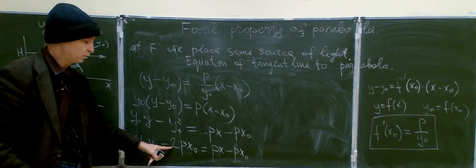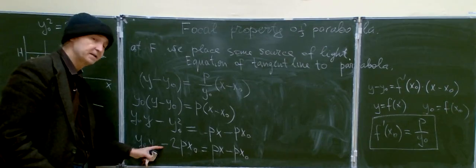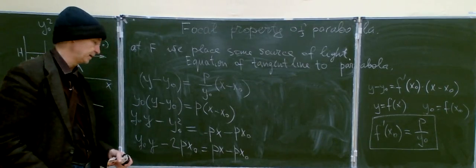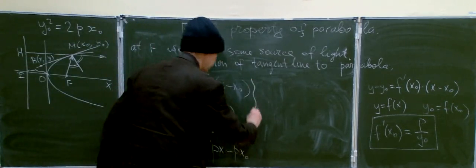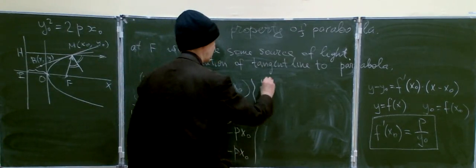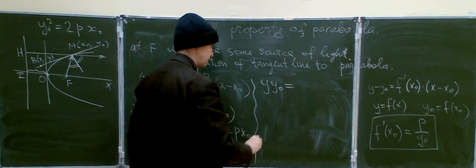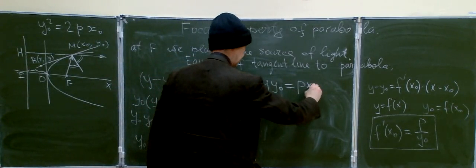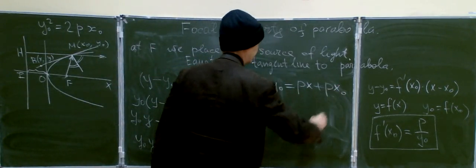Now we can move this term, which is with minus, from the left hand side of this equality to the right hand side of this equality. The resulting equation will be y times y sub 0 is equal to px plus p x sub 0.